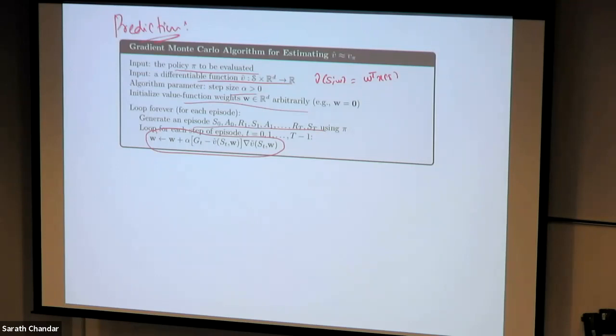Actually, even in a deterministic environment, this is going to be non-stationary. Why? Can somebody explain? Even in a completely deterministic environment, GT is going to be non-stationary. Yeah, you can have a different trajectory.